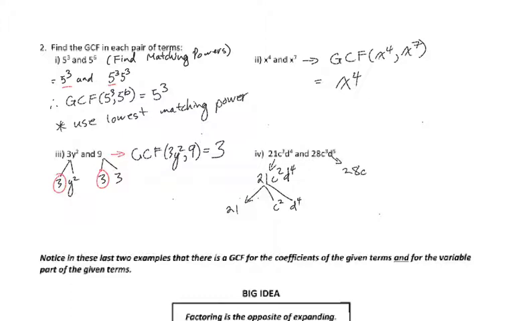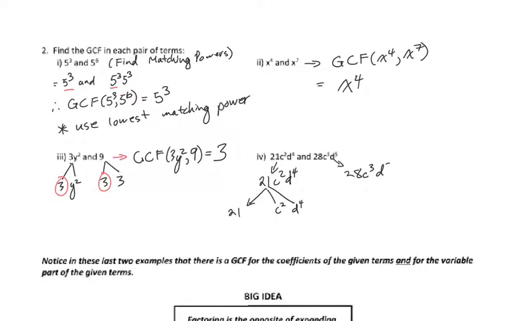Now, we're going to take the 28c cubed d to the 5, and we're going to split that up and break that down as much as we can. So 28 breaks down into 2 and 2 times 7.